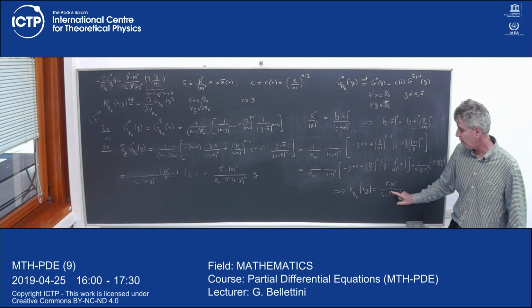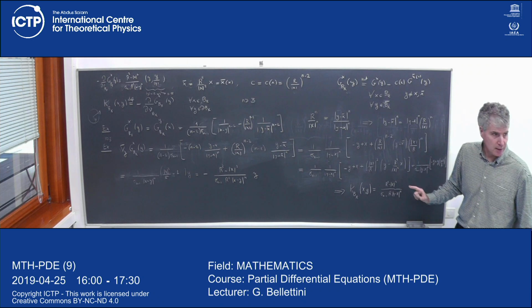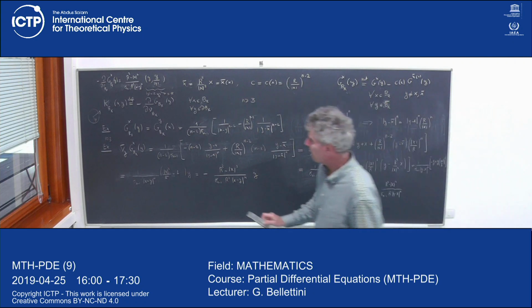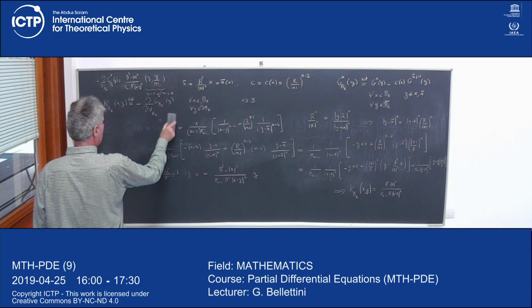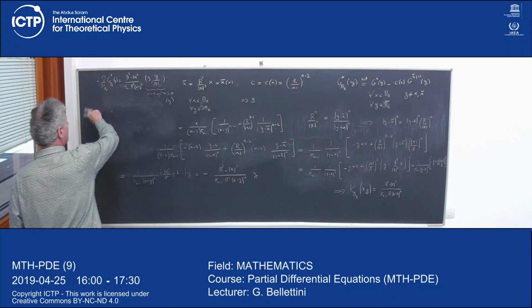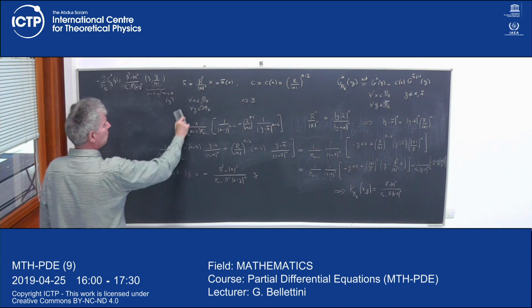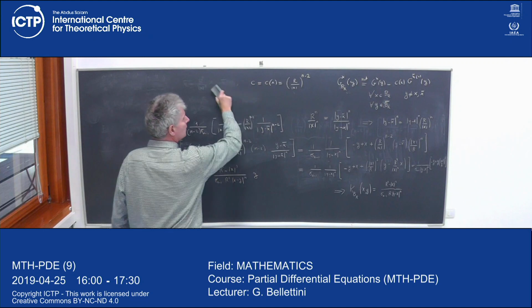Because we have 1 plus n divided by minus 2. 1 plus n minus 2 is n minus 1, it's okay, at least the scaling. Okay. So I think that yesterday we saw... I can erase it.